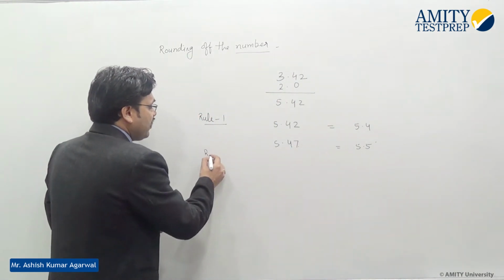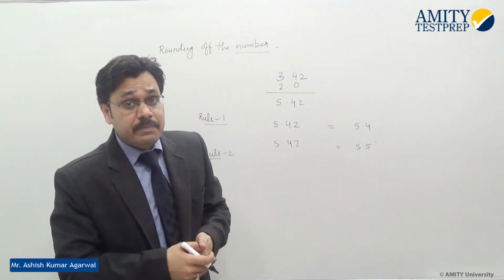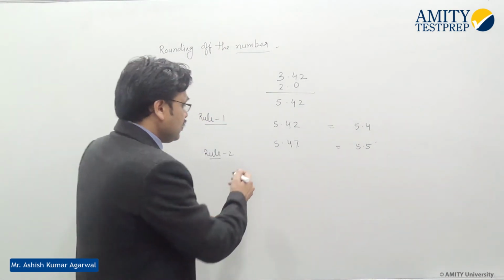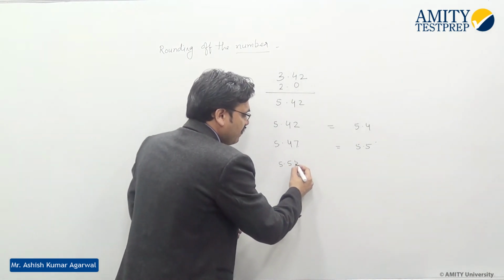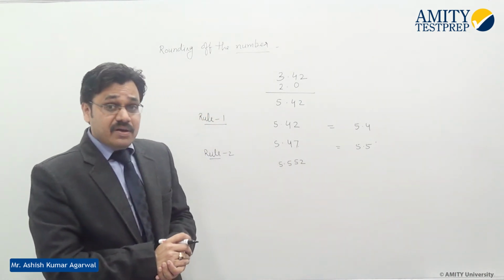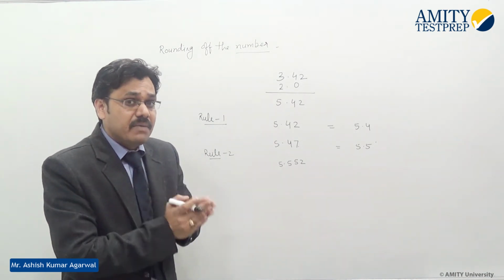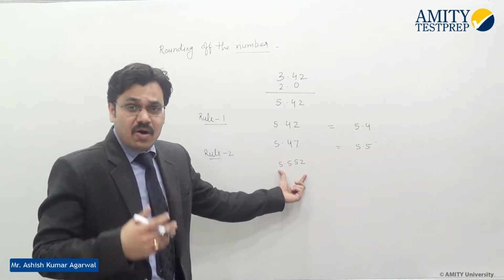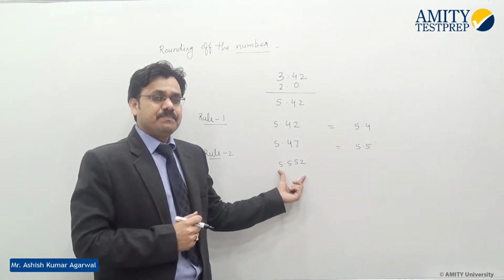Now what happens if the digit which is dropped is 5? Let me take an example, 5.552. Here you can see there are 4 significant digits. I have to round this off to only 2 significant figures.